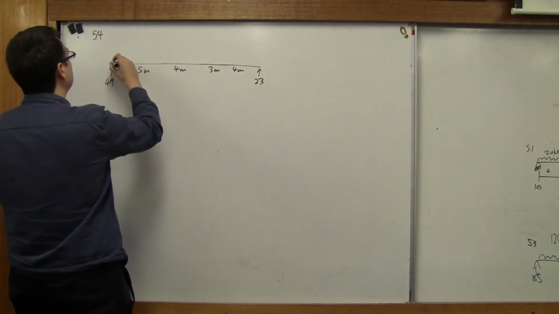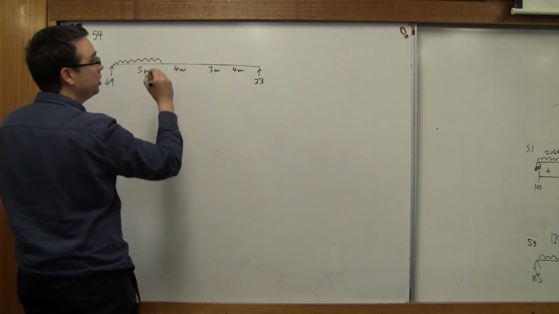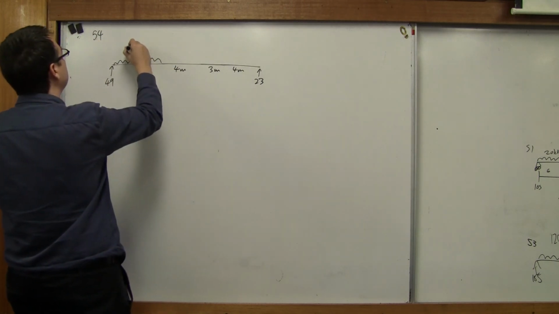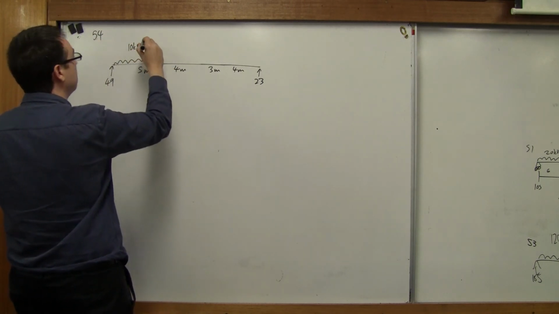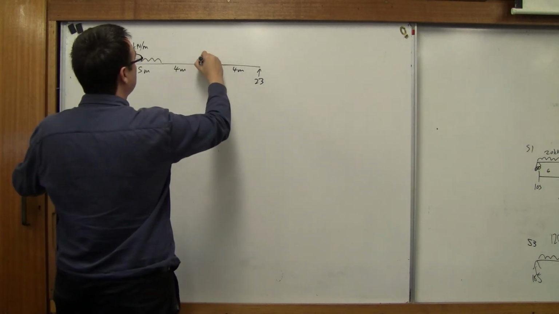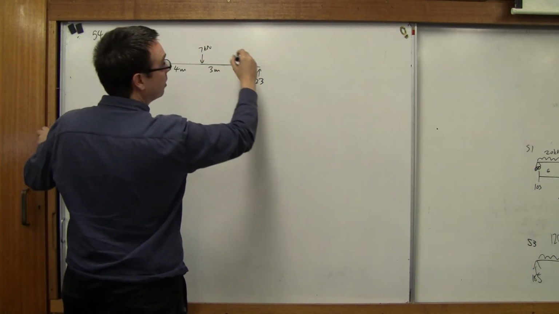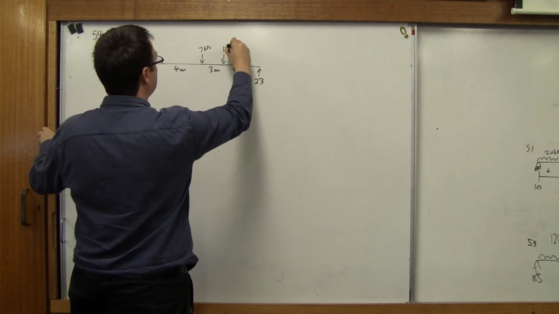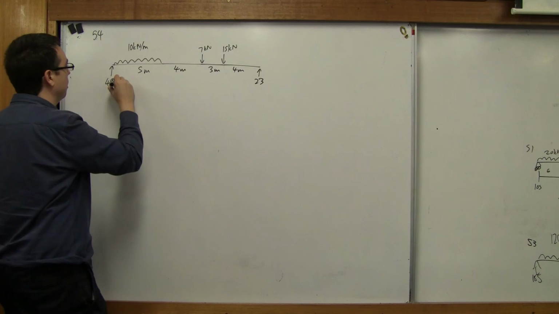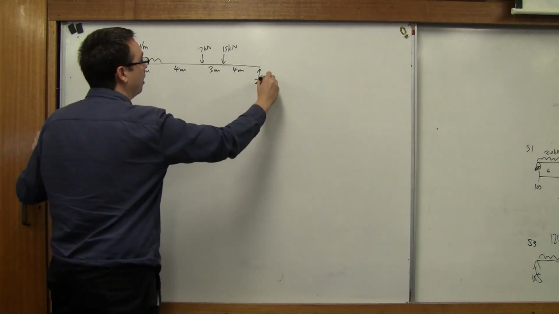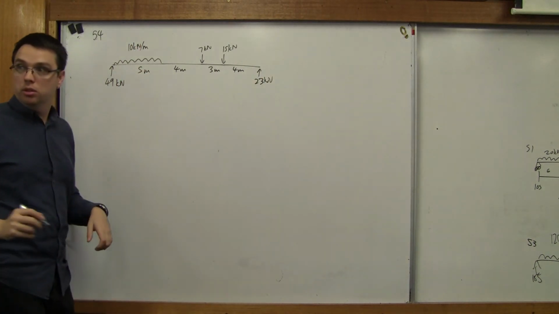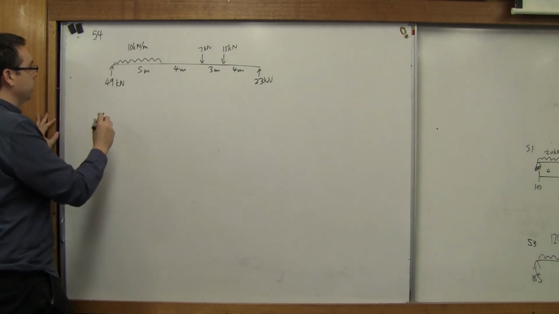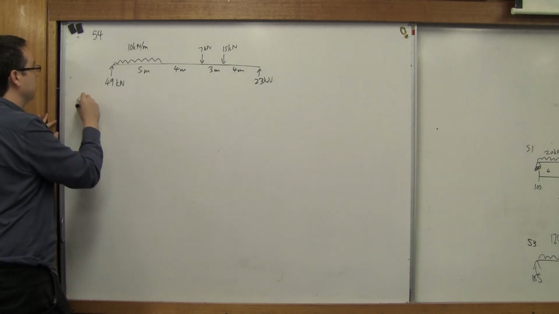We've got a uniformly distributed load for the first 5 metres, which is 10 kilonewtons per metre, I'm assuming. Then 7 kilonewtons and then 15 kilonewtons. Does that all match the question? Yeah. Excellent.